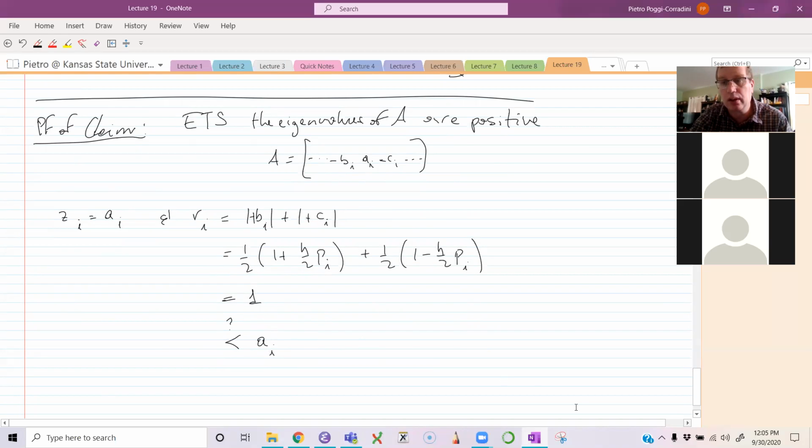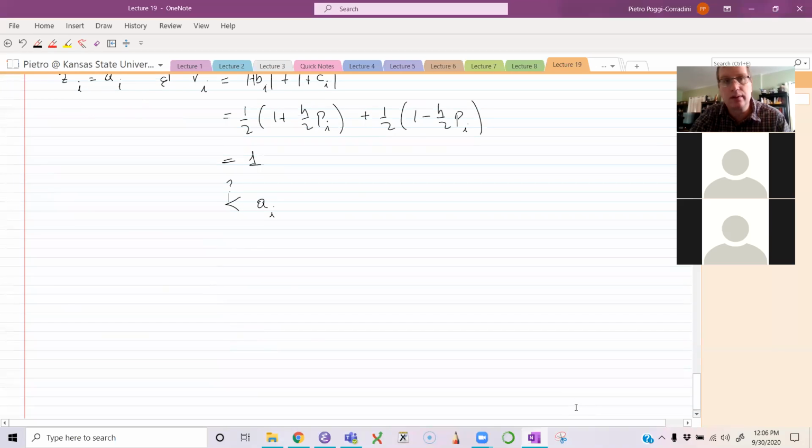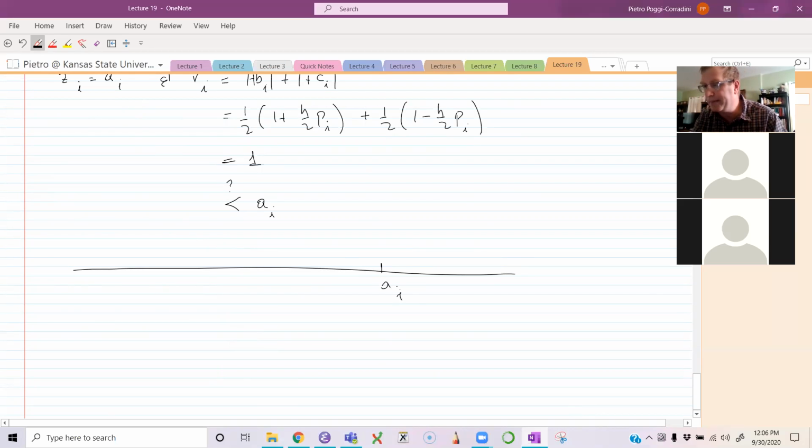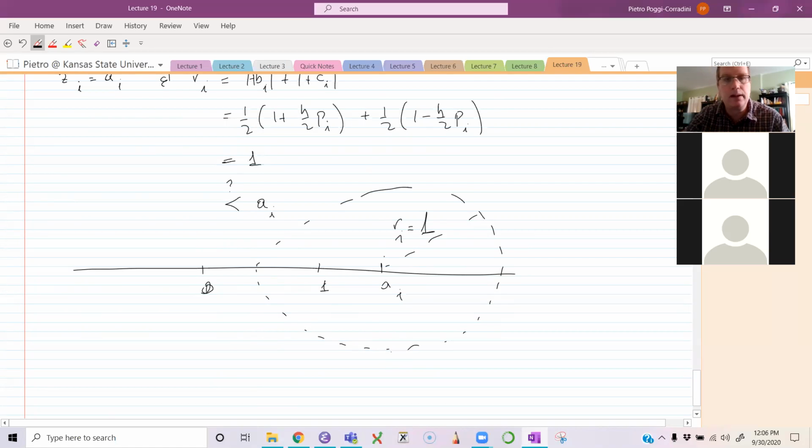Well, because if we can show that the Ai are bigger than 1, then when we take the disk of radius 1, we will find that the eigenvalues stay away from 0.